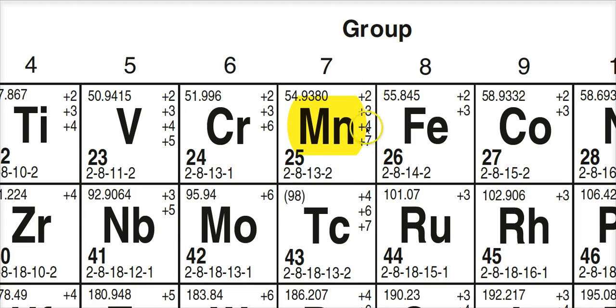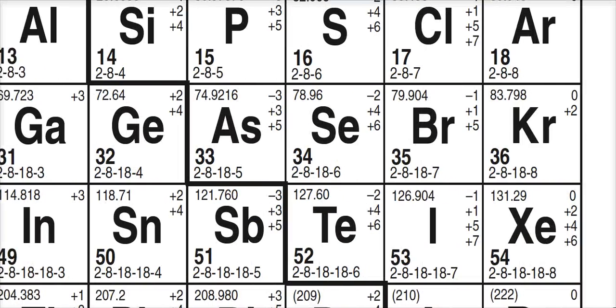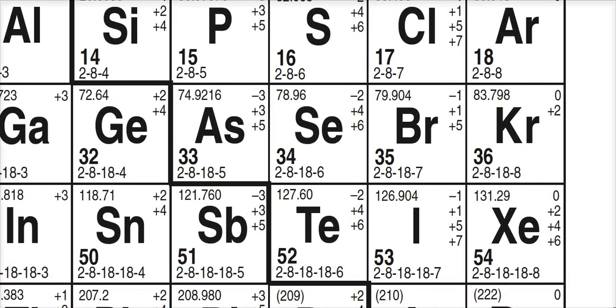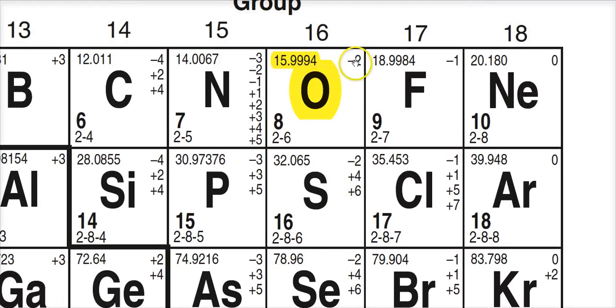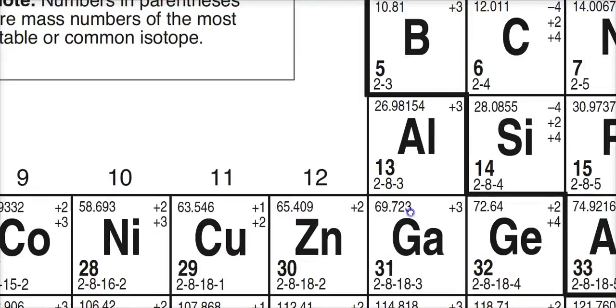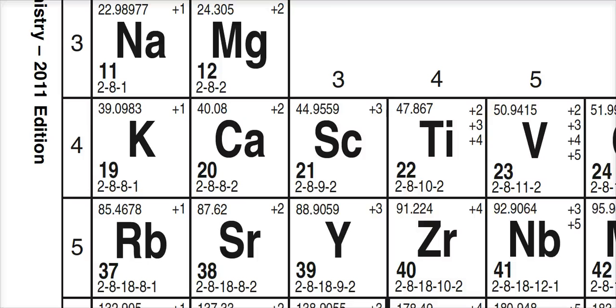So I'm going to have to figure out which charge it is based on the others. Now, if I go to oxygen, it's a good place to start because oxygen only has one choice, and that's -2. And then the potassium, a group 1 ion, way over here, only has one choice it can become, and that's +1.